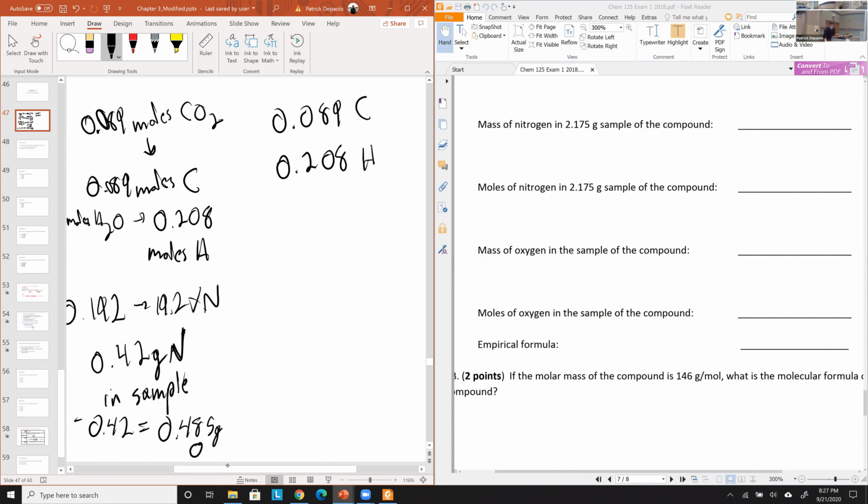So 0.42 divided by 14, you get 0.03 nitrogen. Then you have the oxygen, 0.485 divided by 16 is 0.03 again of oxygen.